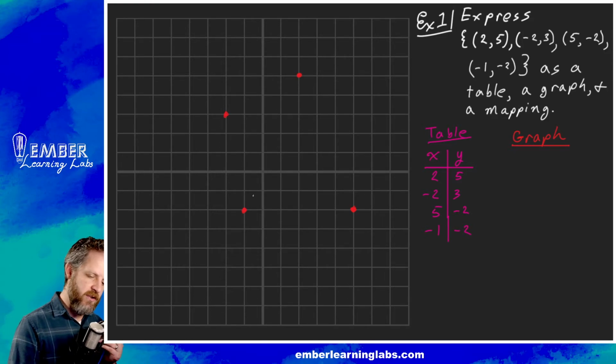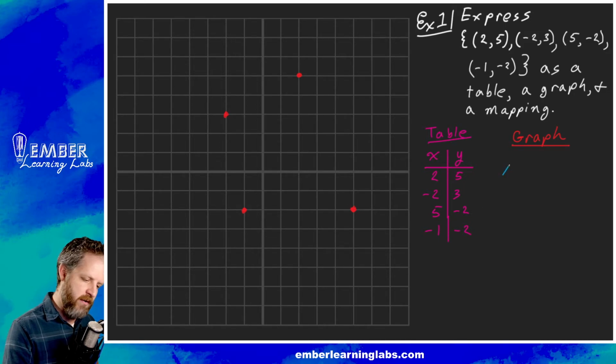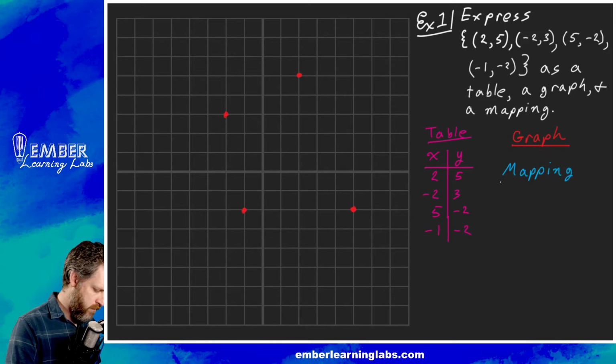Let's do a mapping. We'll do that one in this nice pretty blue color. So we're going to do a bubble with all the x's in it.